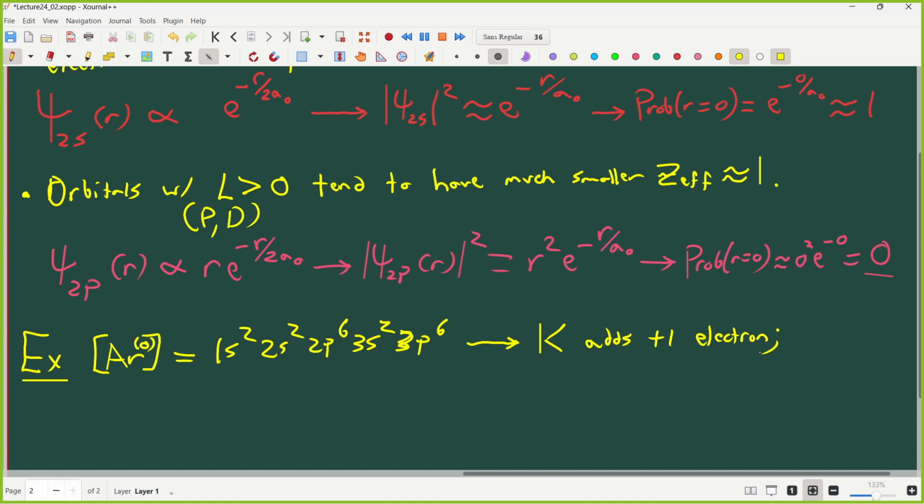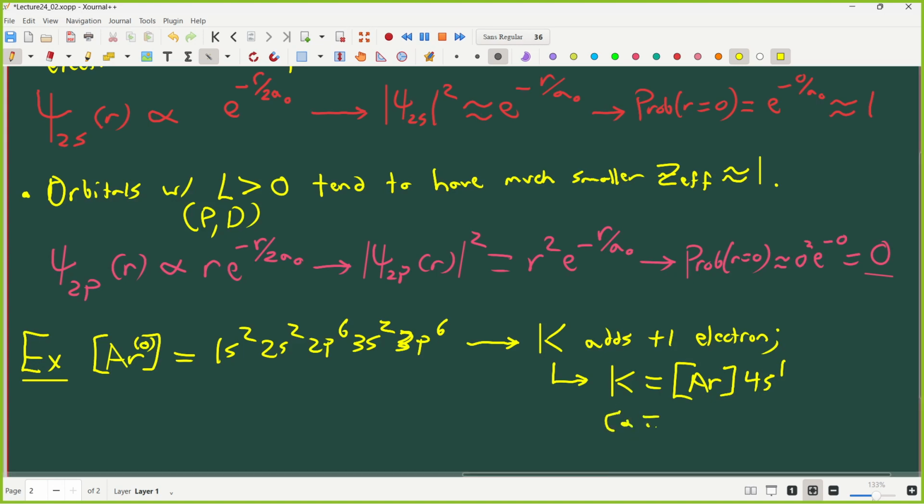The electron configuration for potassium is argon 4s1. And what's calcium? Calcium is argon 4s2. We've skipped the 3d orbitals.